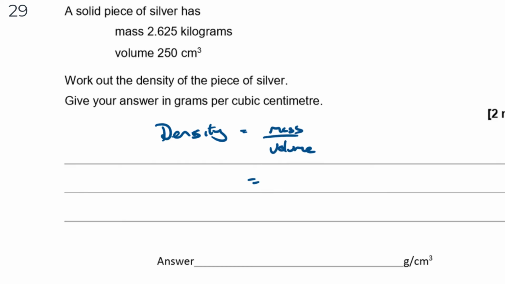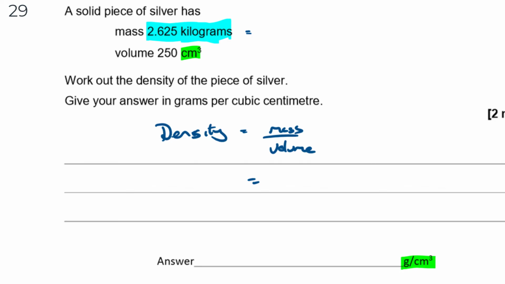Subbing in our mass, we just need to make sure we've got the right matching units. The answer is looking for grams per cubic centimeter. Our volume's already in centimeters, so that's fine. But the mass up here is in kilograms, isn't it? So we need to convert this into grams before we sub it into the equation.